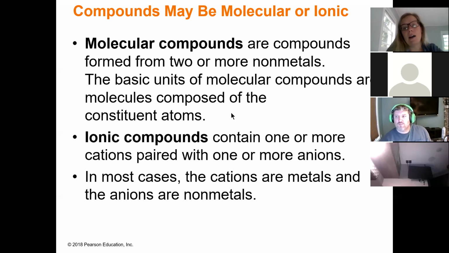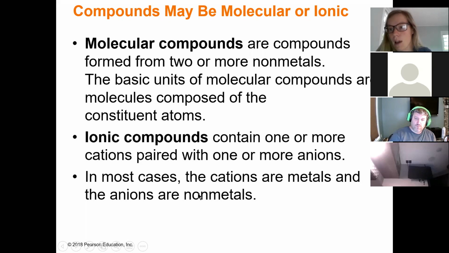An ionic compound contains 1 or more cations paired with 1 or more anions. So that means usually we have a metal combined with some sort of nonmetal. That's it. That's how you differentiate them. A molecular will be all nonmetals. An ionic will have a metal in it.